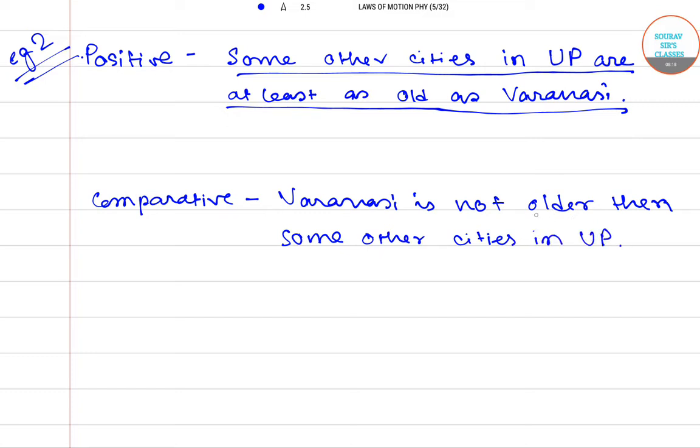So here we are using older. So we are making this a comparative degree.